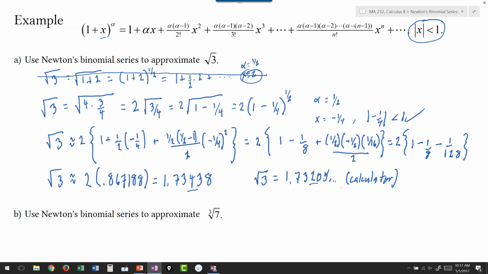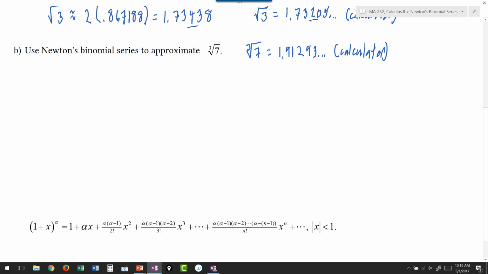Let's see how we would go about finding the cube root of 7. All right, let me go ahead and do the cube root of 7 with a calculator. Now let's see how we might have taught the calculator how to get that. We're going to need the same kind of clever algebra to start, but the cube root of 7 we can rewrite, because we can't do cube root of 1 plus 6, right?